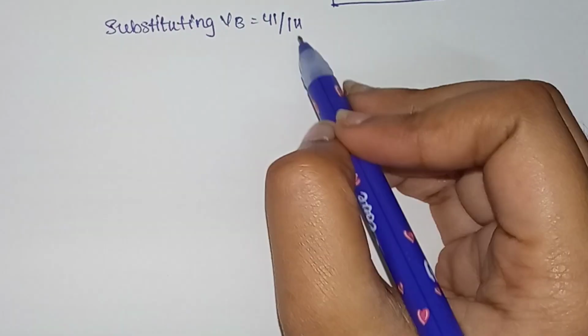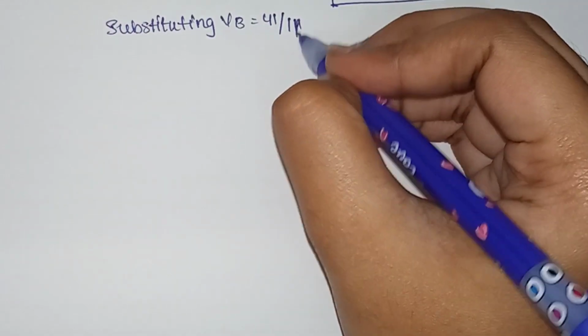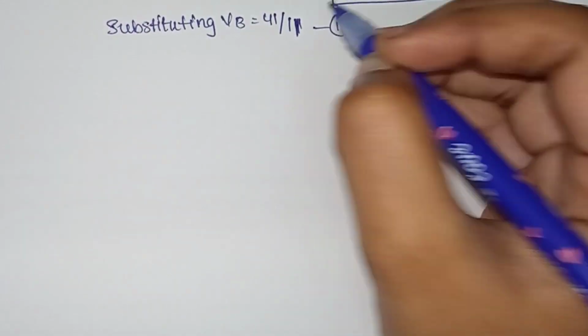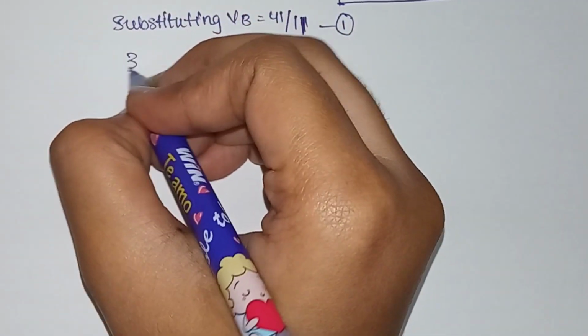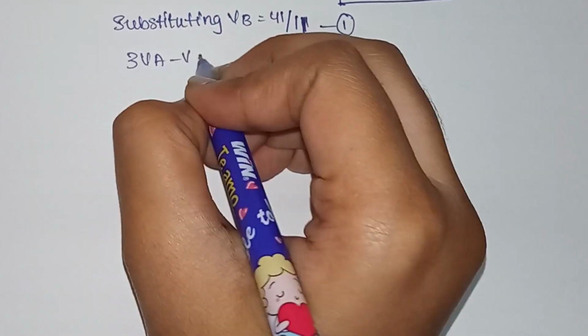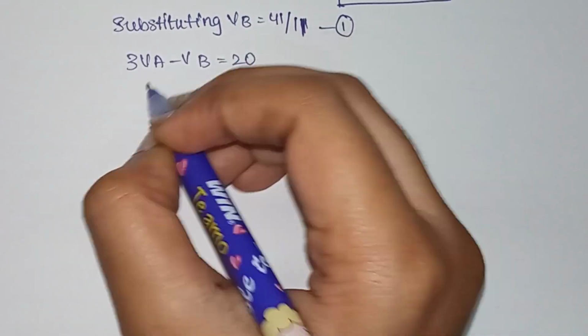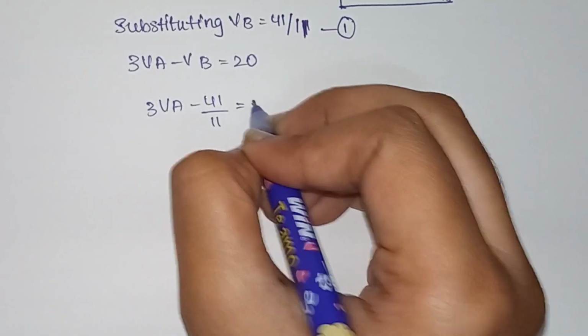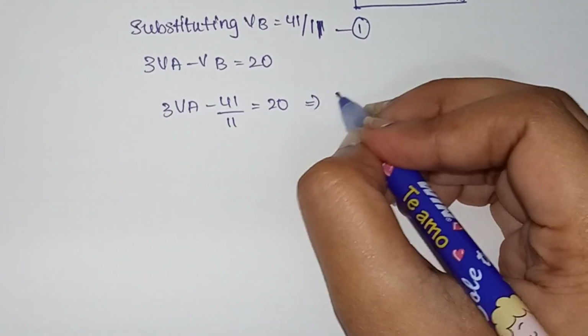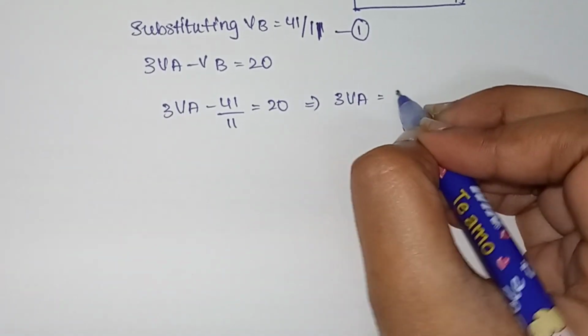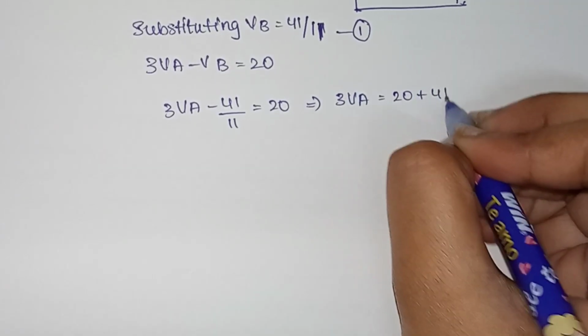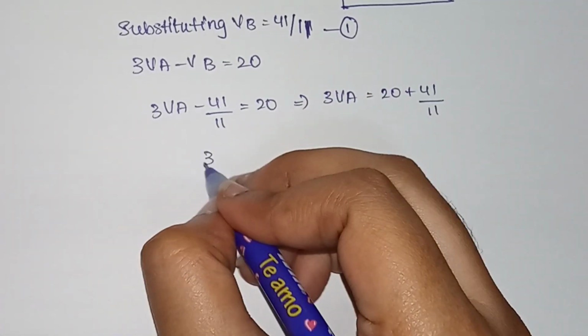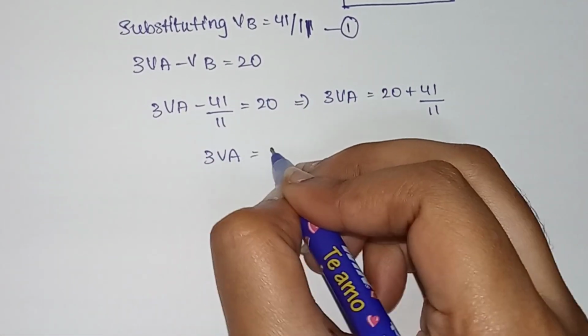So now substituting VB is equal to 41 by 11 in equation 1. What is our equation 1? 3VA minus VB is equal to 20. If we are substituting 3VA minus 41 by 11 is equal to 20, then we'll get 3VA is equal to 20 plus 41 by 11.